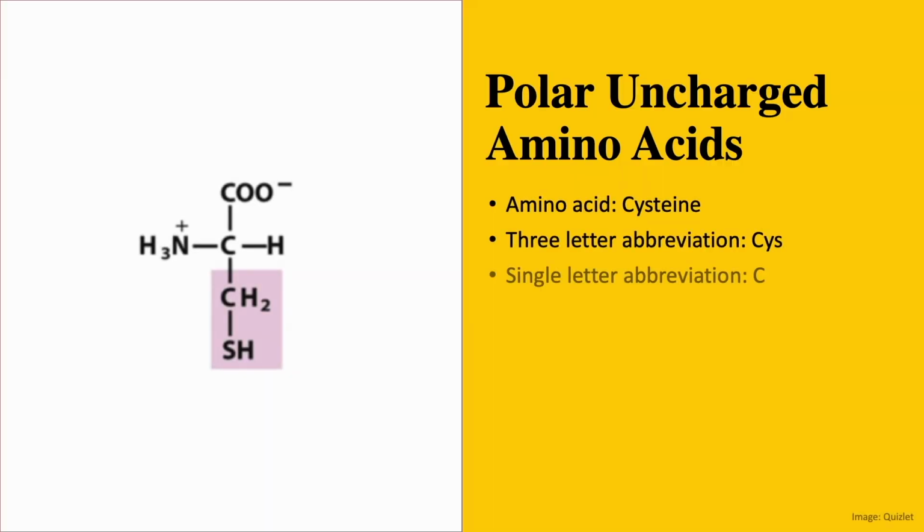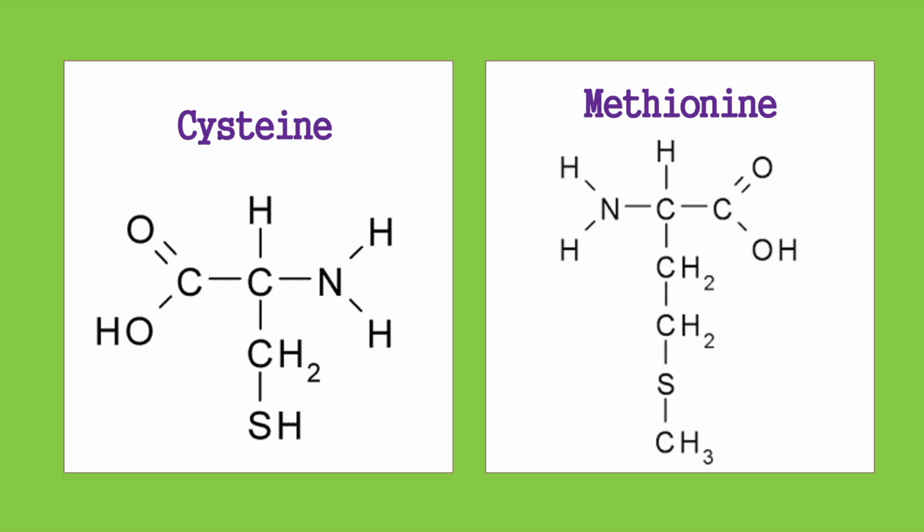Now let's look at cysteine, which was the amino acid that we put into the second box. If you look at the structure of cysteine, you see that it has a sulfhydryl group at the end of the R side chain. Similar to amino acids with OH groups, amino acids with sulfur atoms are also relatively easy to identify because there are only 2 amino acids that have sulfur atoms of the 20 amino acids that we need to know.